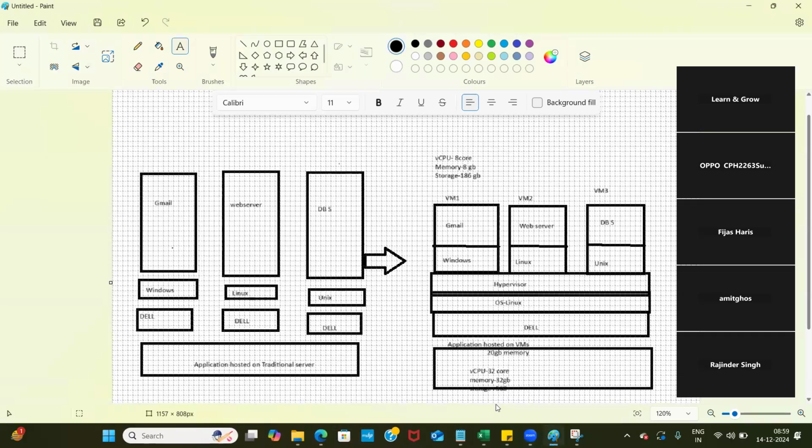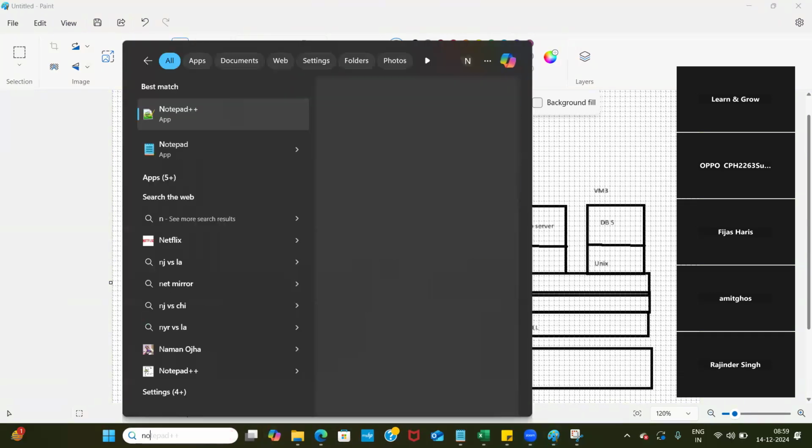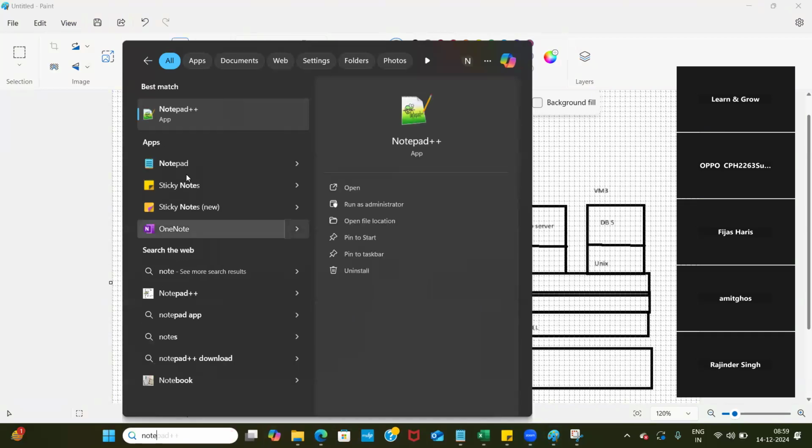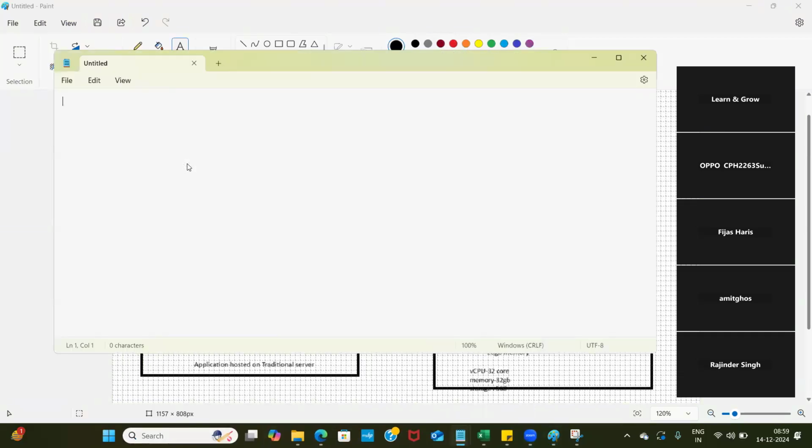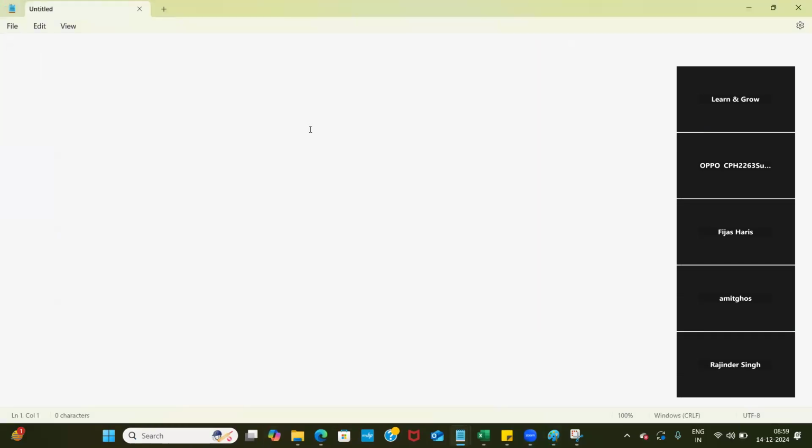Himanshu, Amit, Rajendra. The container will virtualize the operating system, instead of virtualizing the hardware. The containers will virtualize the operating system.